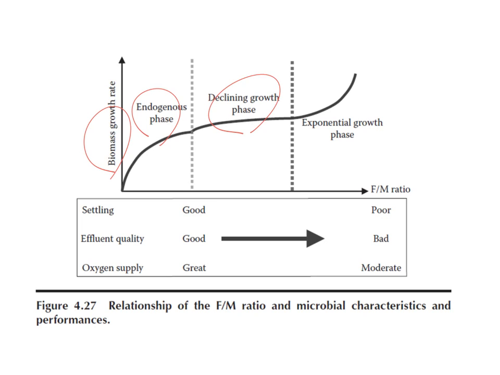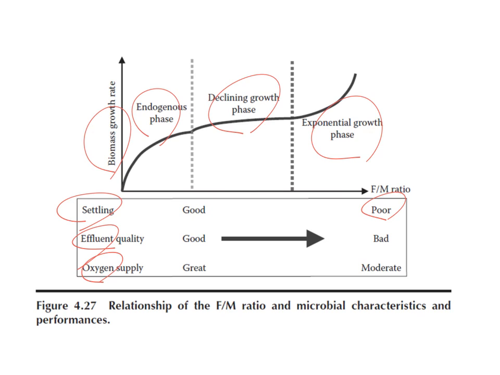Settling ability becomes poor if we increase the F/M ratio, effluent quality also becomes poor with a high F/M ratio, and oxygen supply becomes moderate if we increase the F/M ratio.